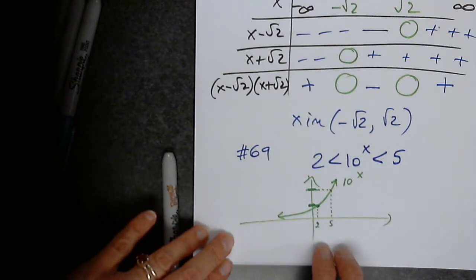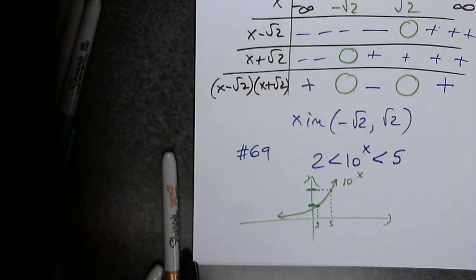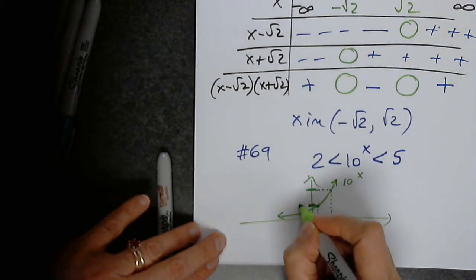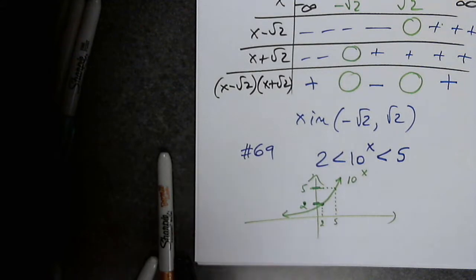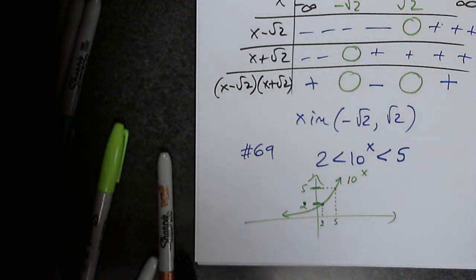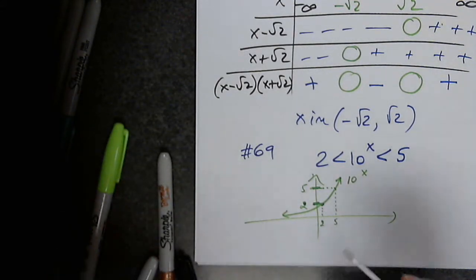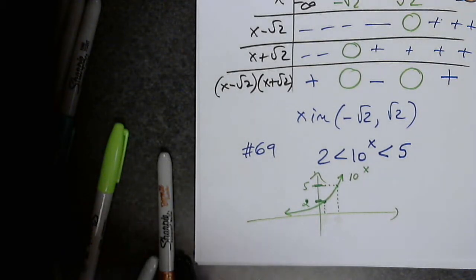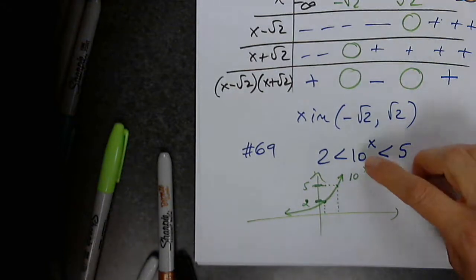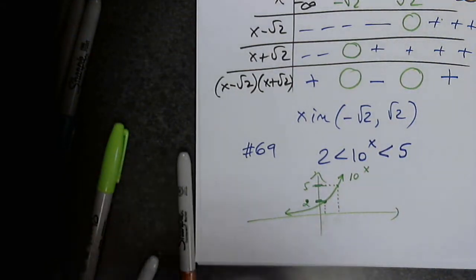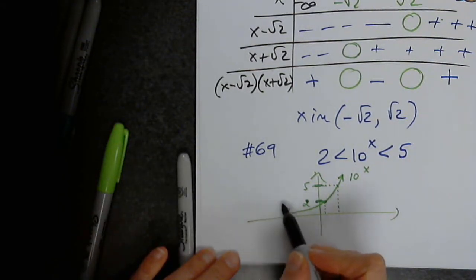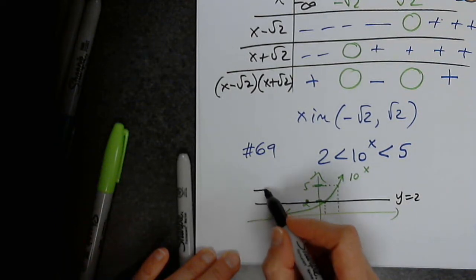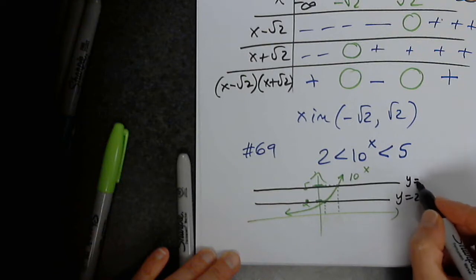Well, I shouldn't put 2 and 5 there. I have to have them here, sorry. 10 to the x between 2 and 5. Which I don't have are the x values. Those I don't have. So I am told 10 to the x is between this line, y equals 2, and this line, y equals 5.